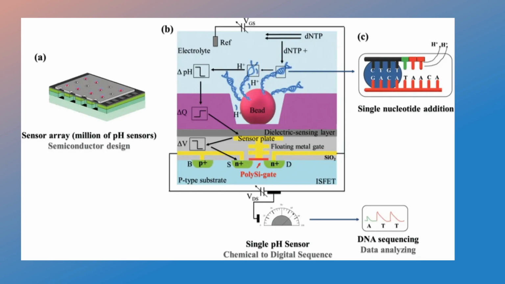And from that voltage, different bases will give off different voltage amounts. You'll use that and put it through the DNA sequencing for your data analyzing.